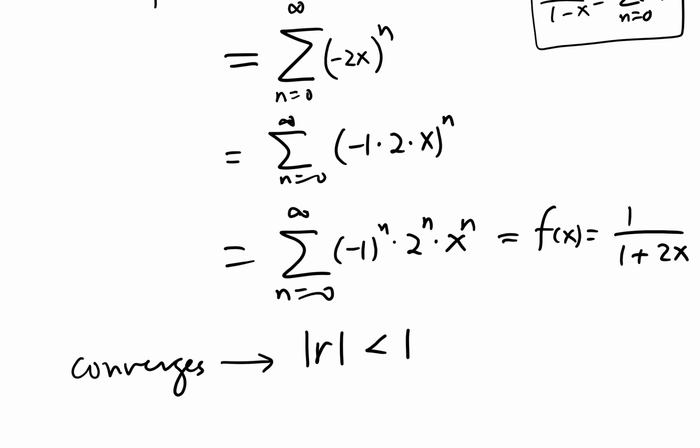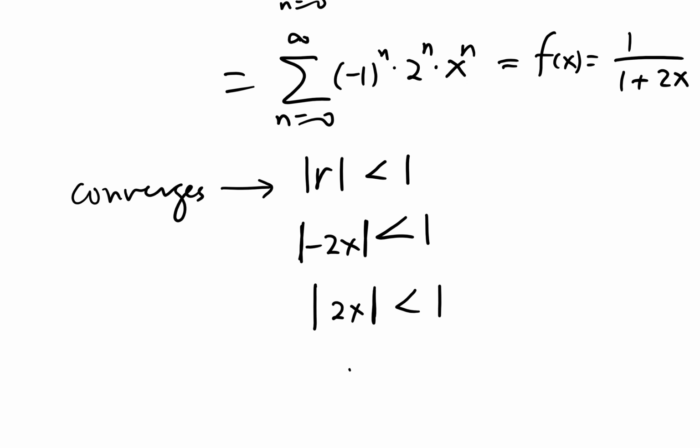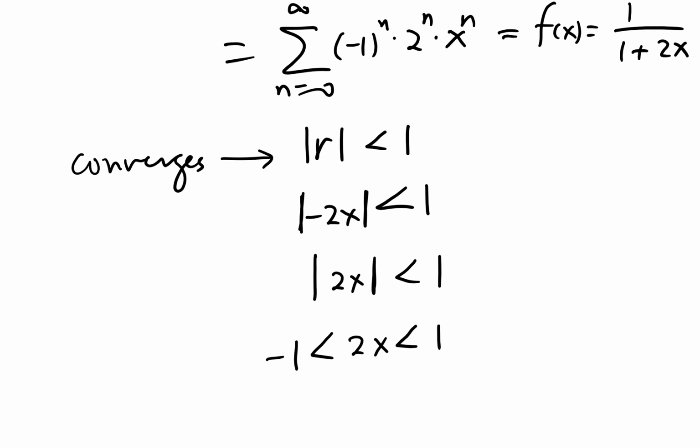And r, we told you, is negative 2x. So you can rewrite this with no negative because the absolute value will clean it up. To solve such an inequality, we drop the absolute value: bigger than negative 1, less than 1, and divide by 2. So you get negative 1/2 less than x less than 1/2. So the interval of convergence is negative 1/2 to 1/2.